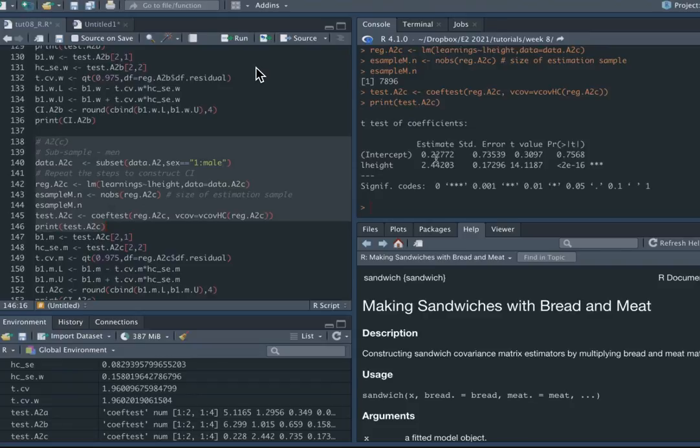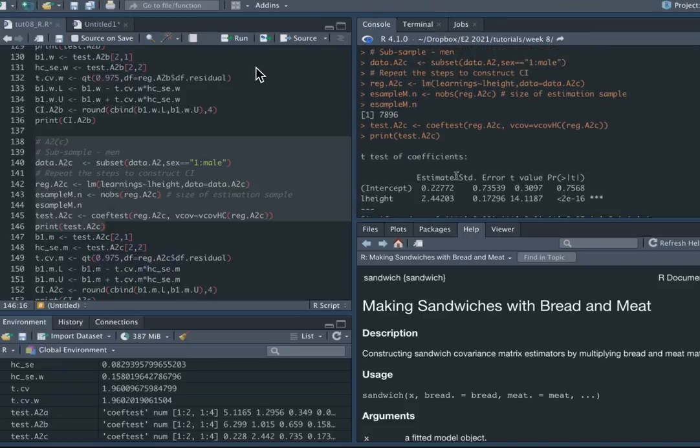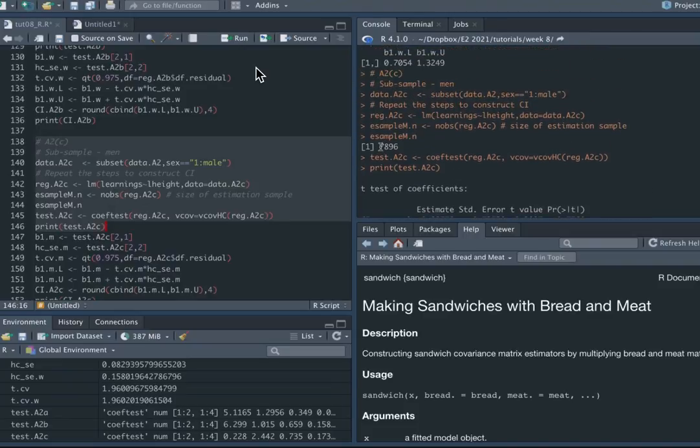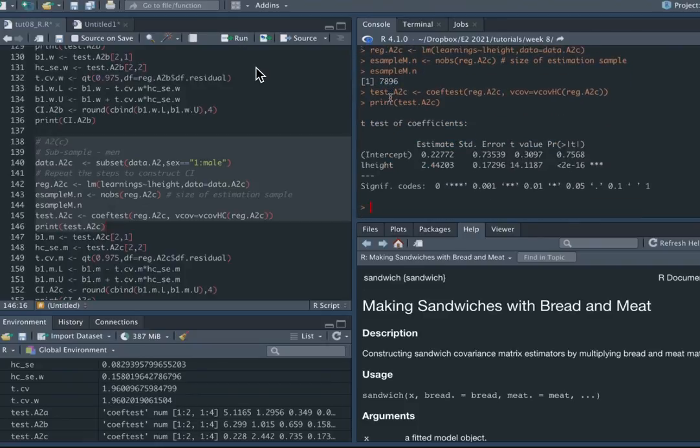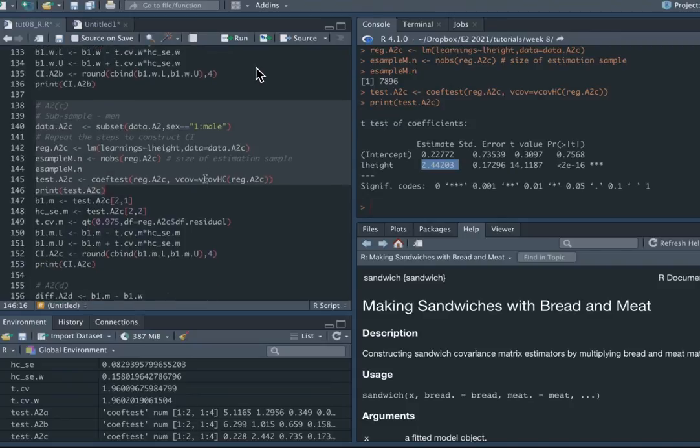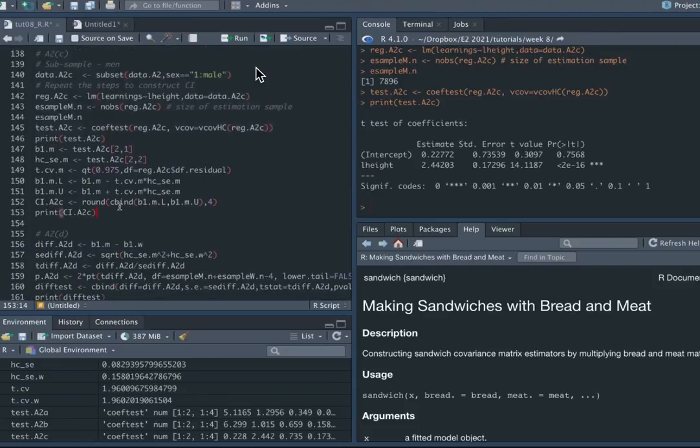The whole sample was, I don't know, 1.3 or something, and women was 1, so men must be higher. We have about 8,000 men for the 10,000 women, and you see the elasticity is much larger for men. So 1% higher, almost 2.5% more income.